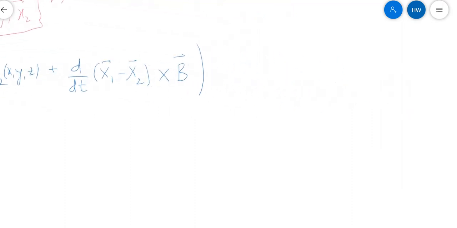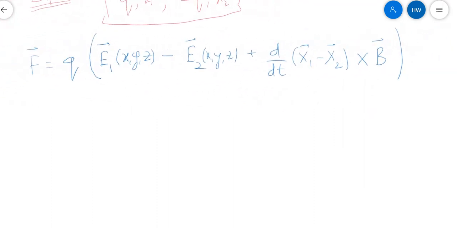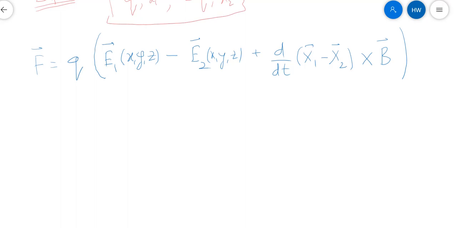Now I know a few things. That is, the field at the location 2 can always be Taylor expanded about the field at location 1. So I'm using Taylor expansion. What I'm going to do is write down E2 in terms of E1.